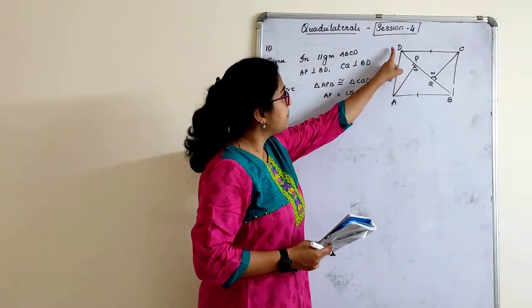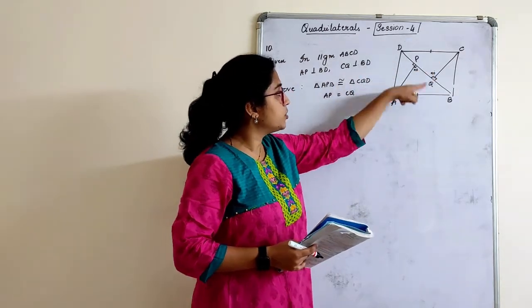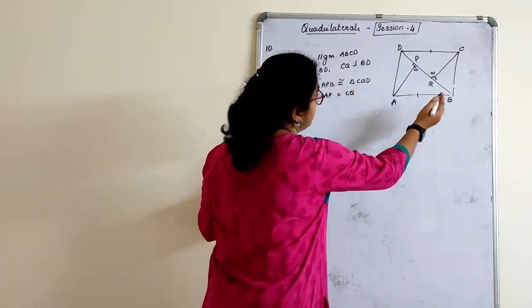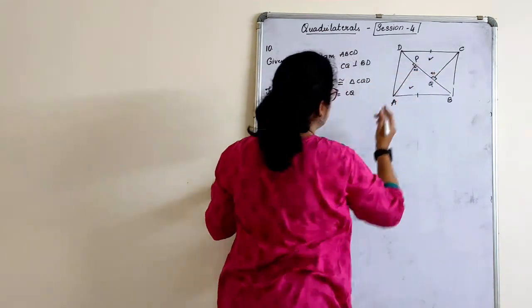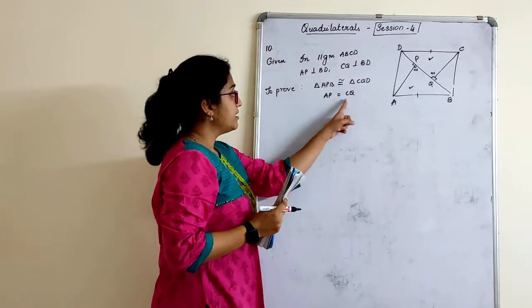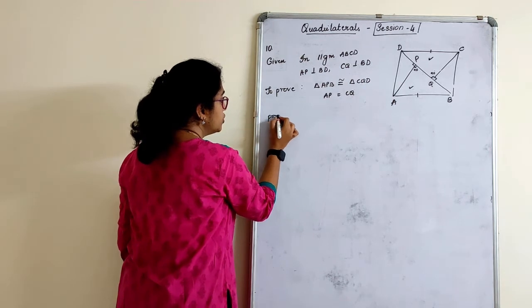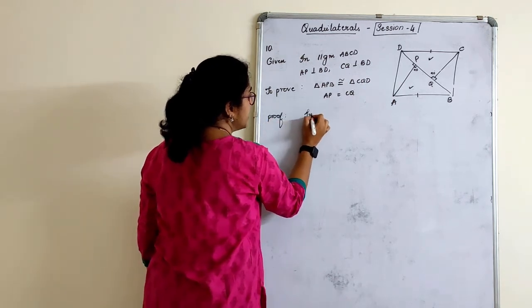Okay, the 10th one. ABCD is a parallelogram. Given that AP is perpendicular to BD and CQ is also perpendicular to BD. Prove that triangle APB and CQD are congruent, and we have to prove the CPCT side along with it. Proof. Choose the triangles, whatever they have given.